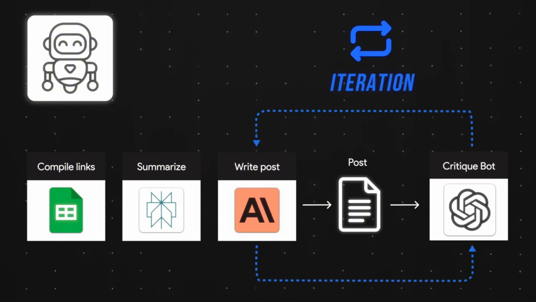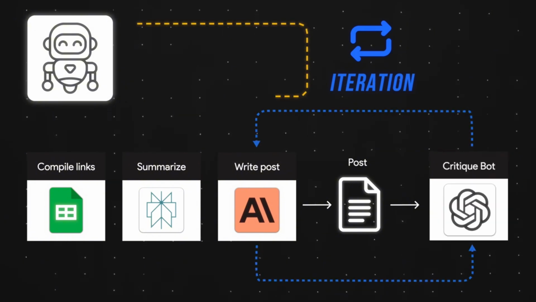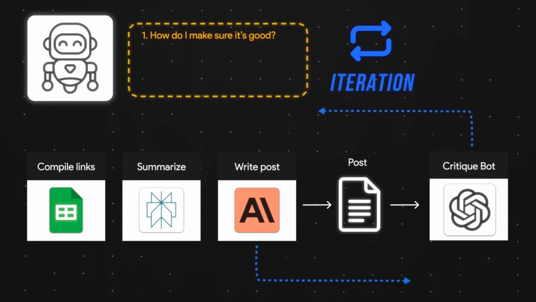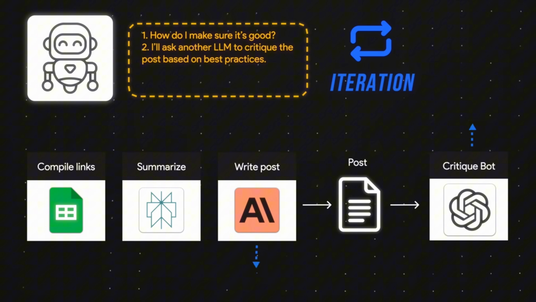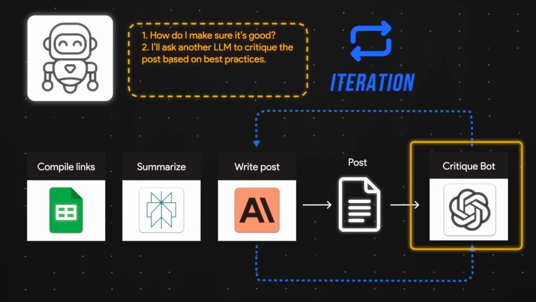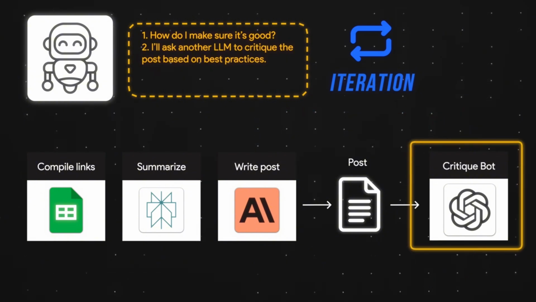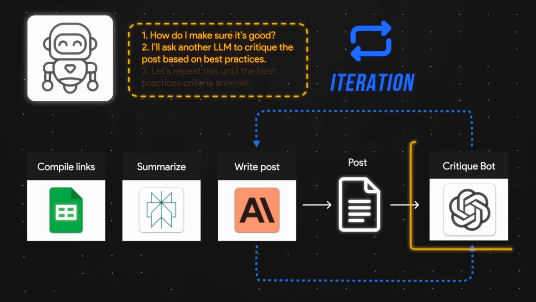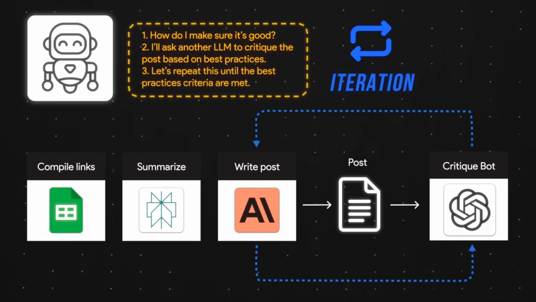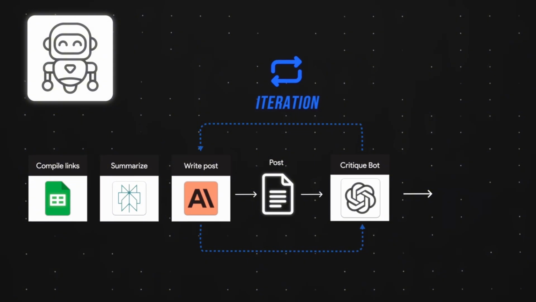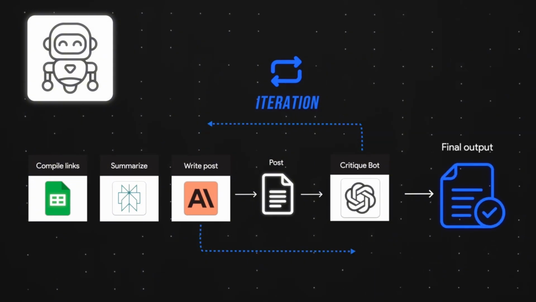Okay, I have drafted V1 of the LinkedIn post. How to make sure it's good? Oh, I know. I'll add another step where an LLM will critique the post based on LinkedIn post best practices, and let's repeat this until the best practice criteria are all met. After a few cycles of that, we have the final output.